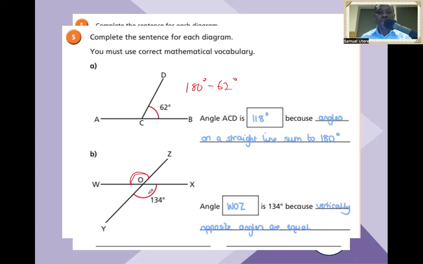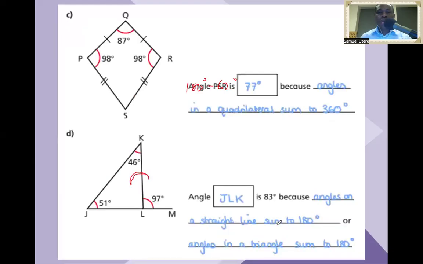Because vertically opposite angles are equal. So I'm going to rub this off before we discuss questions C and D.